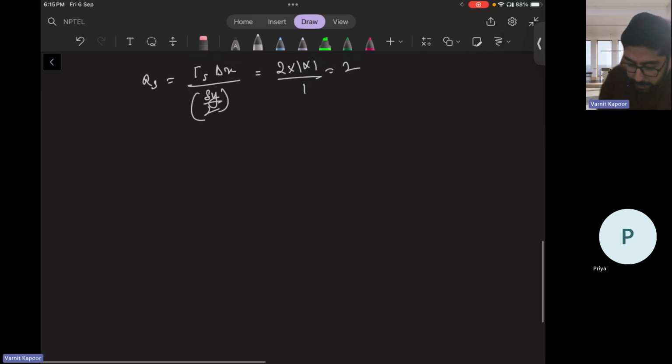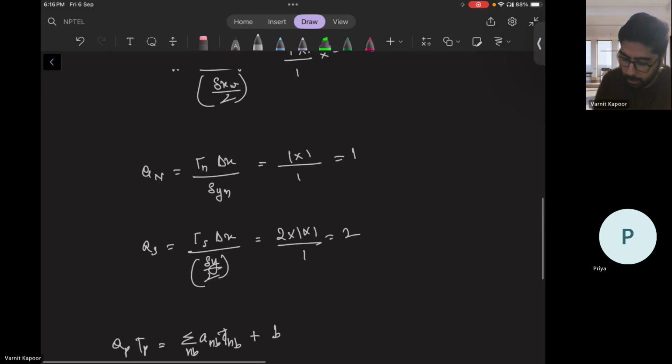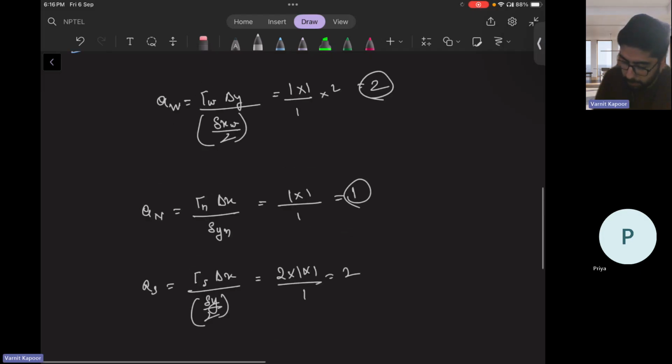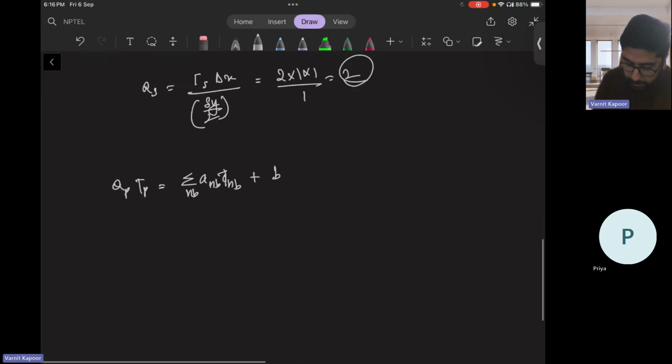So our equation is A P T P, you have the temperature, is the summation of neighboring nodes, A NB T NB, plus some source. But source is 0 here, so that is 0. So A P is the summation of all the neighboring coefficients, which is 2 plus 1 plus 2 plus 1, that is 6.